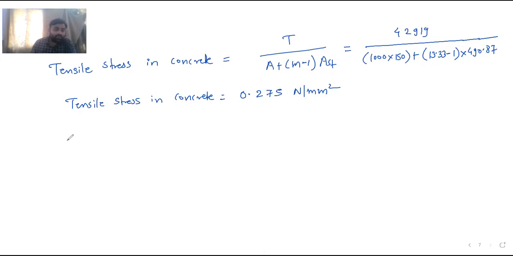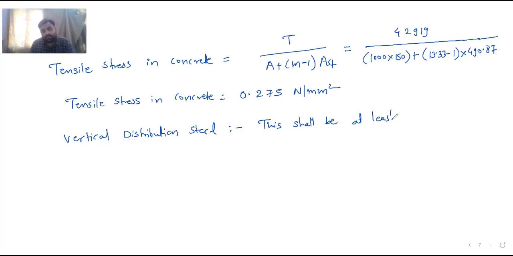So vertical distribution steel, this is provided, this shall be at least 0.3% of gross area.